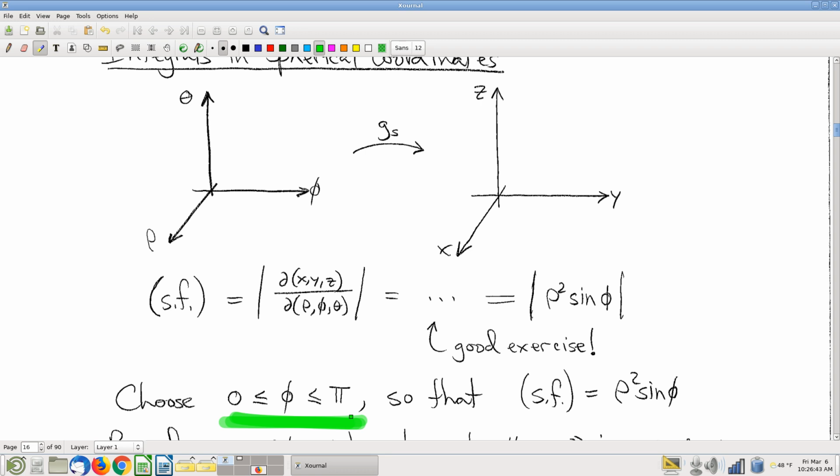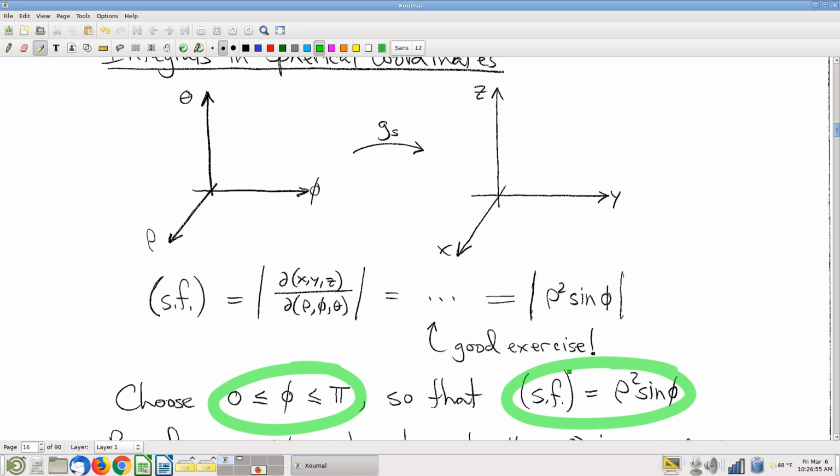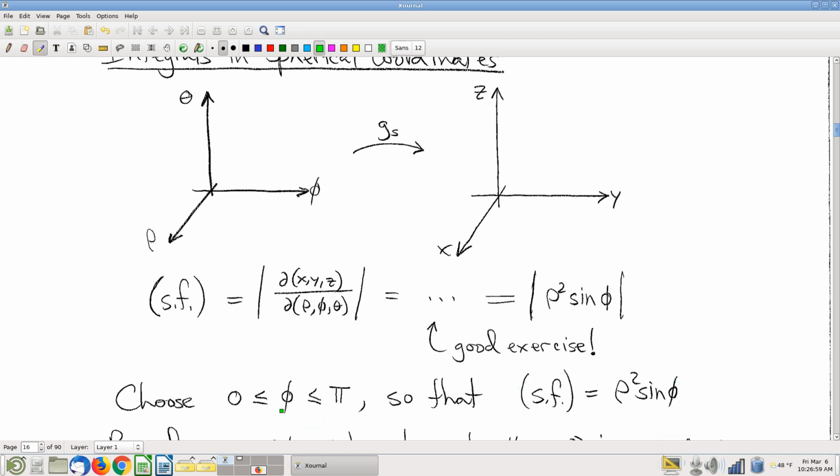This is what we want. It's one of these situations where everything lines up perfectly. If you do what you want here, then you also get to do what you want over here. So it's a no-brainer. Always do this. There's just no reason not to. So this is the formula that you're going to memorize for your stretching factor: rho squared sine phi. Make sure to memorize that.